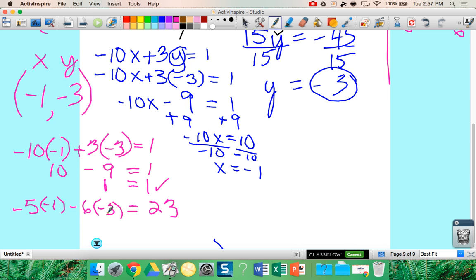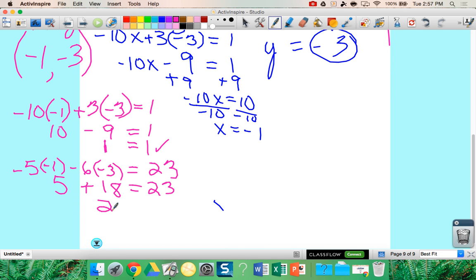Negative 5 times negative 1 is positive 5. Negative 6 times negative 3 is positive 18. And 5 plus 18 is 23. So 23 equals 23. And that's a true statement as well. So our solution here is correct.